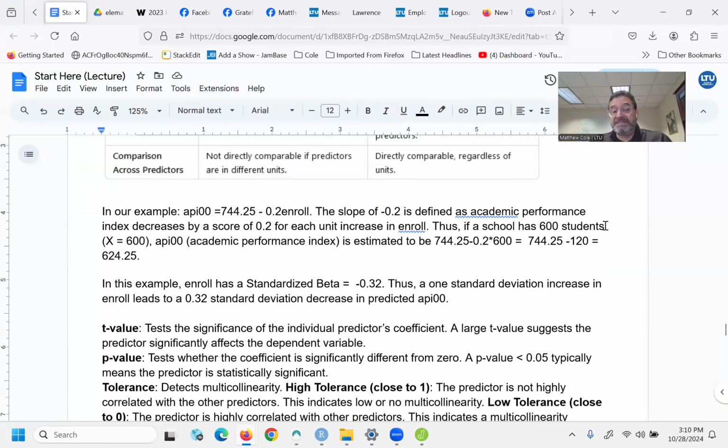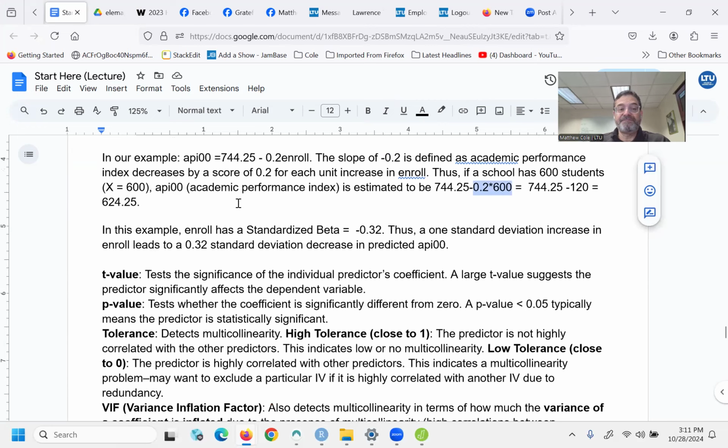Thus, if a school has 600 students, meaning X equals 600, so enroll equals 600, then we simply plug it into the equation, 744.25 minus 0.2 times 600. So we would predict, given linear regression, that if we had randomly selected from the data set a school that had 600 students enrolled, the academic performance would be 624.25.